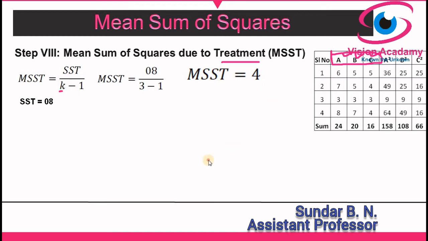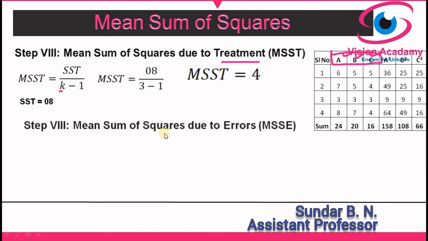Now let us calculate another step, that is the mean sum of square due to errors. This is step number 9. We also have a formula for the mean sum of square due to errors. Since we are considering error, we have to take the values of SSE. You can differentiate here only: for MSSE we have to consider SSE, and here you can see SST, so we have to consider SST only.